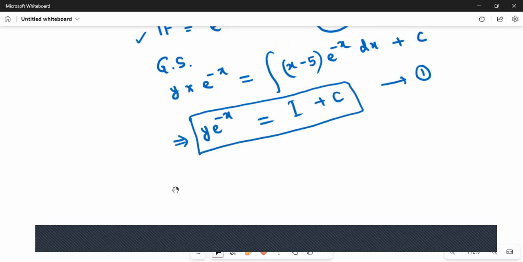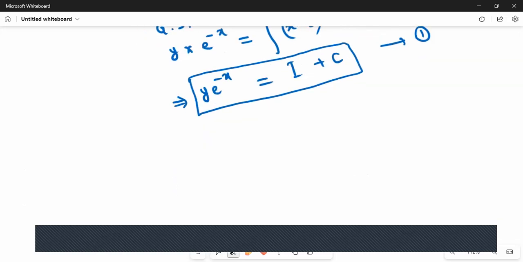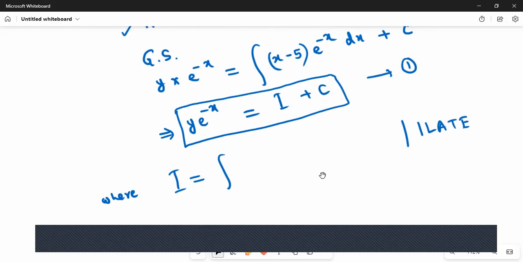So your I is the integration of, now again you will use the ILATE rule. If you look at this, x minus 5 is your algebraic function and this is your exponential function.